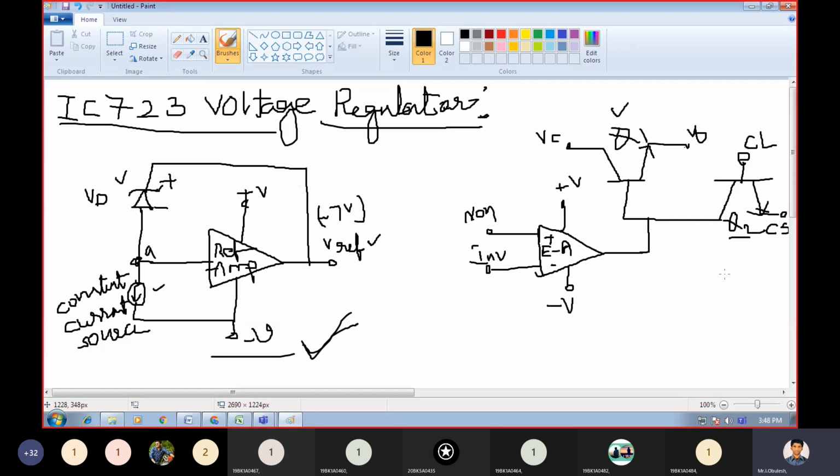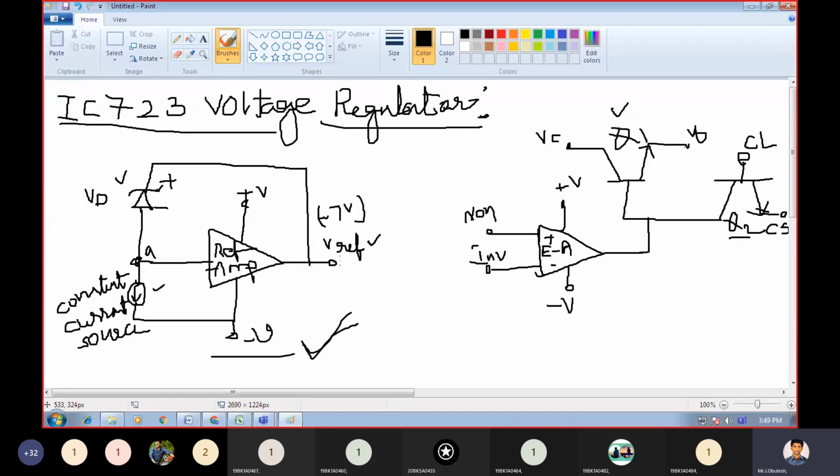The error amplifier compares a sample of voltage applied at the inverting input terminal to the reference voltage V reference.